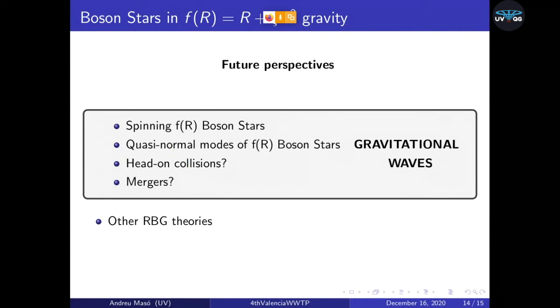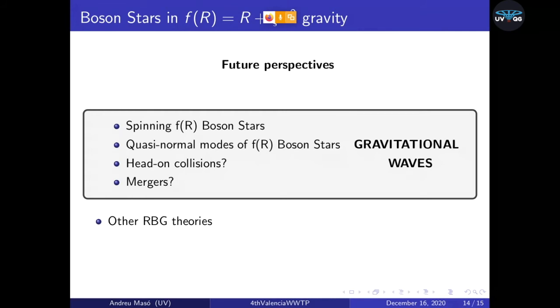Okay, so future perspectives in this work. As we are seeing, f of r boson stars have a similar behavior as the ones in GR. In GR, spinning boson stars have a toroidal shape and are unstable. They lose angular momentum and decay to the spherical non-spinning solution. And during that transition, gravitational waves are emitted.